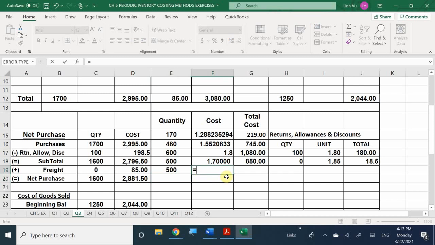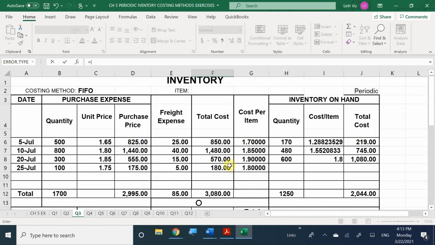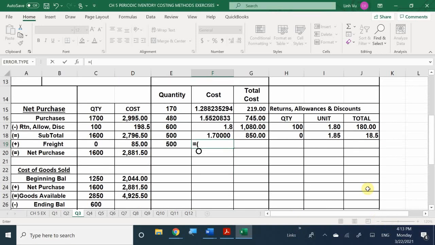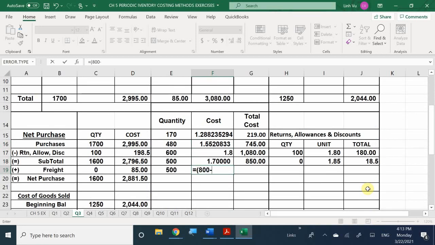I'm going to use parentheses so you guys can follow along. So the first thing is we started out with 800, right? And we returned 100. Okay? So that's 800 minus 100 to give you your 700, right? Now, I'm going to divide it by my new total cost.